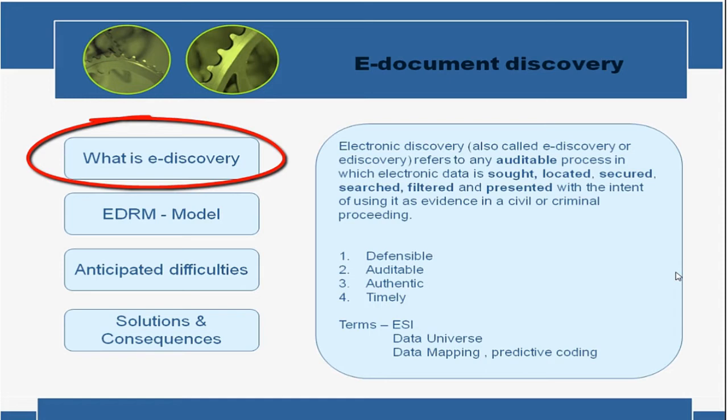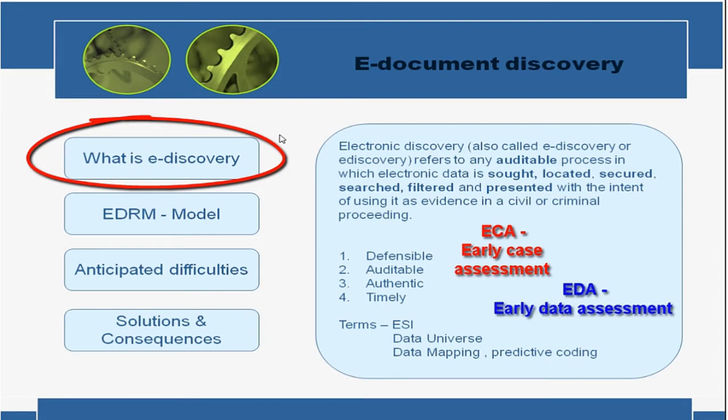But before all of that, it is important to discuss two major concepts that underlie the discovery process: the ECA, early case assessment, and the EDA, early data assessment. You recall that I mentioned at the beginning of this slide that e-discovery is principally geared towards civil litigation.